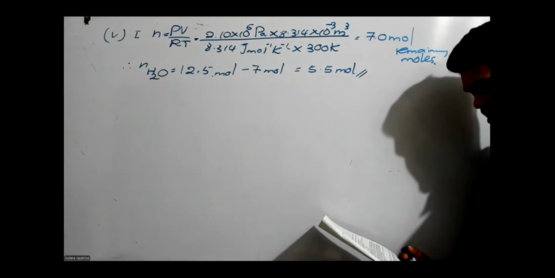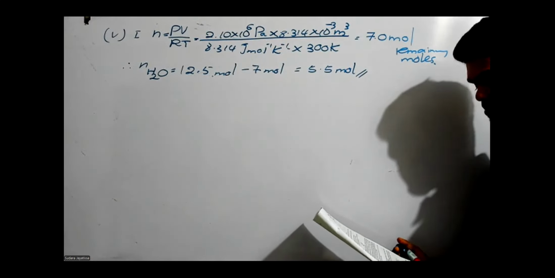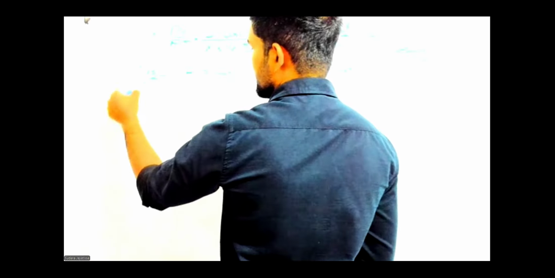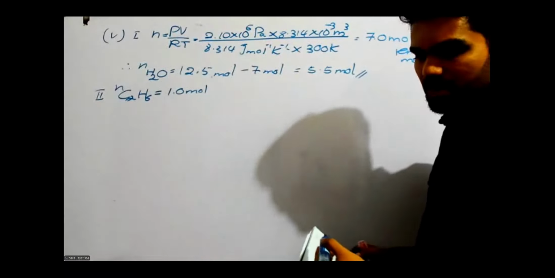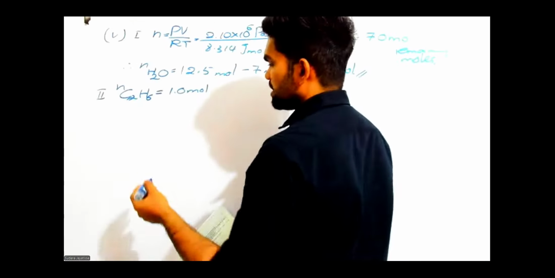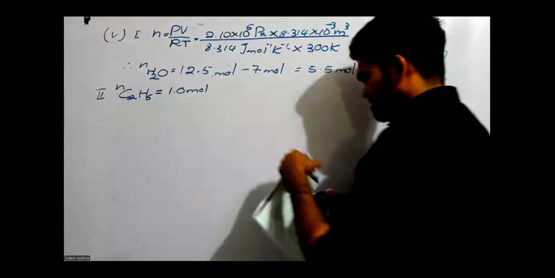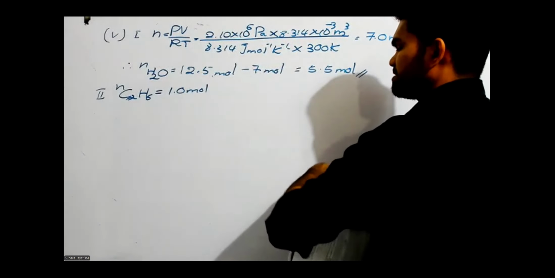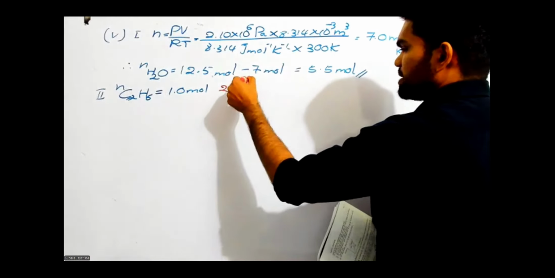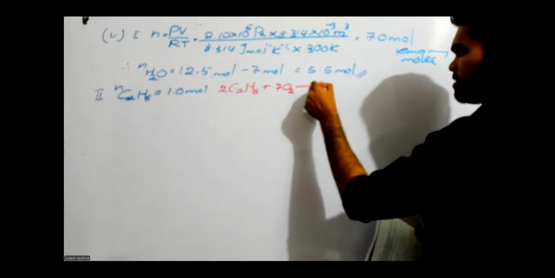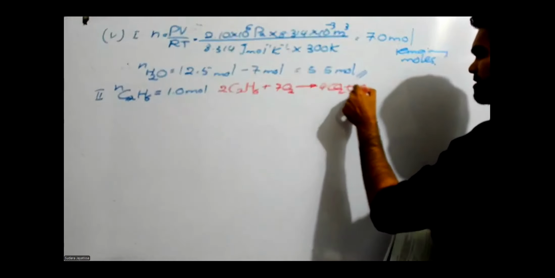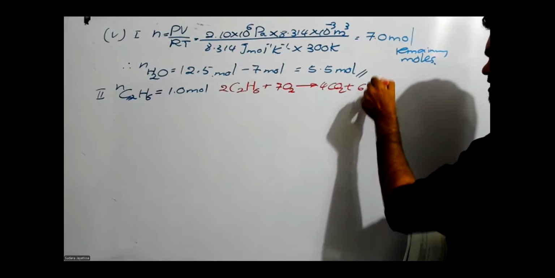And then the second part, they are asking the number of moles of water produced from C2H6. Now, C2H6, how many moles are there? You have 1.0 moles now. According to its balanced equation, 2 C2H6 reacts with 7 O2 to form 4 carbon dioxide and 6 water. This is what we wrote now.